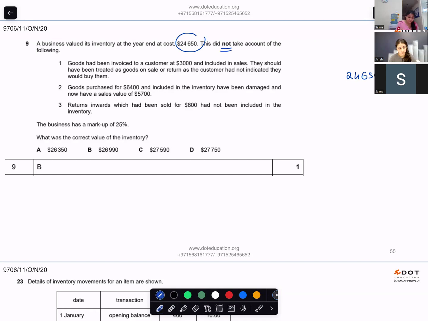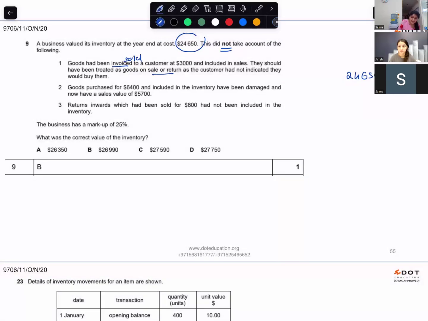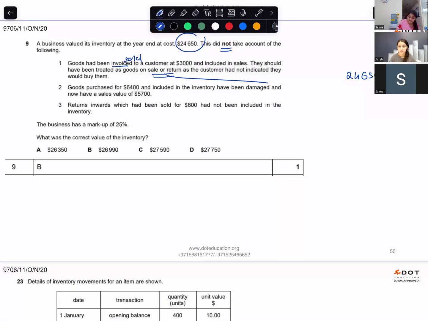The first thing is that goods had been invoiced, meaning sold to a customer at 3,000, and it is included in sales. So this is correct. If you are selling goods to your customer, it should be included in sales. But if you are selling the goods on sale or return basis, I'm repeating again, this is not included in sales.